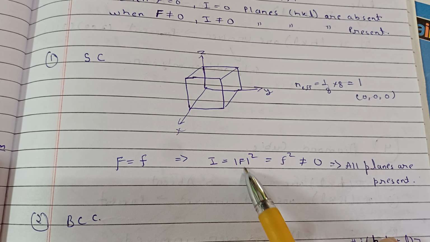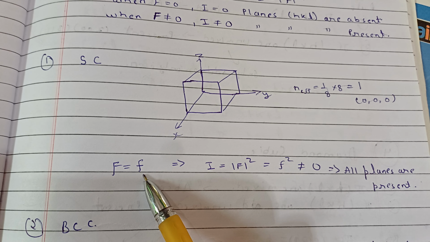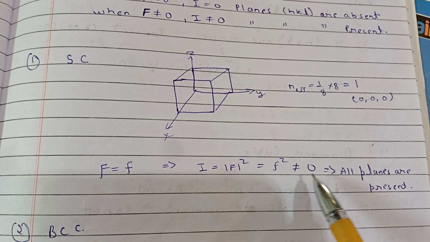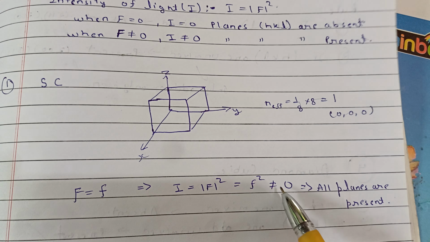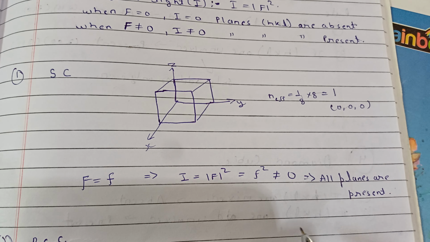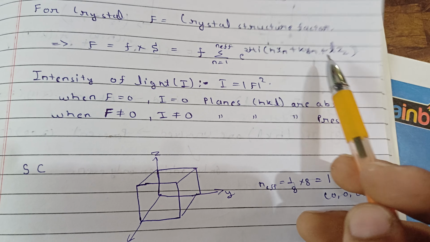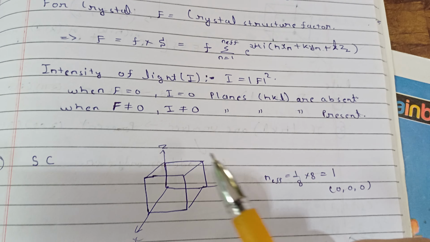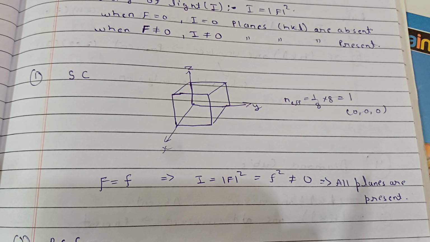And intensity is nothing but F square, and this small f is never going to be 0. So that's why I is not equal to 0. So we will say that all planes will be present, because I will always be non-zero. That's why we are saying that all planes are present for any value of HKL, because if you put 0 0 0 here, it won't depend on the planes. So in simple cubic, remember that all planes will be present.